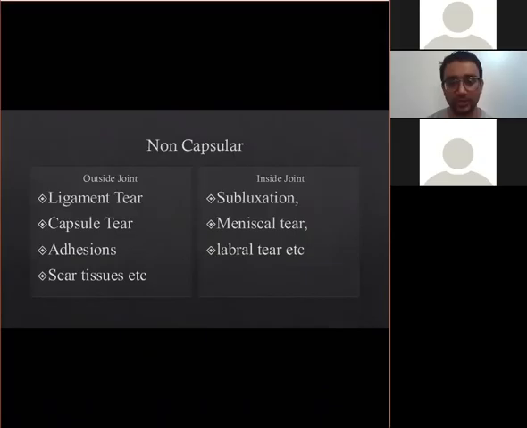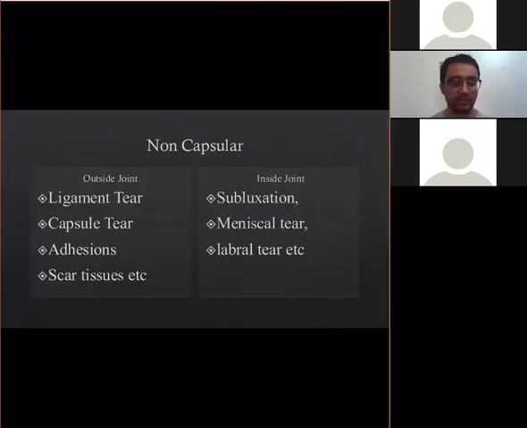So coming to my question again, can you guys list me the structures inside the joint and structures outside the joint? In other words, can you guys tell me what structures fall inside the capsule and what structures fall outside the capsule? I'm trying to make you think here. Try to avoid seeing the screen right there.